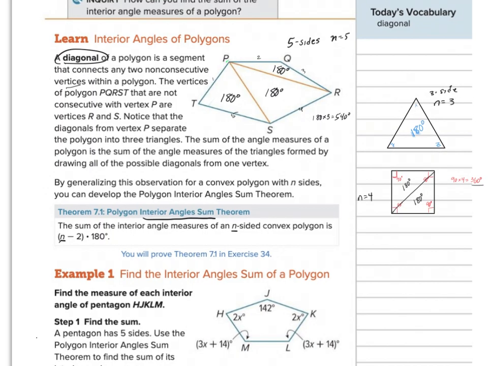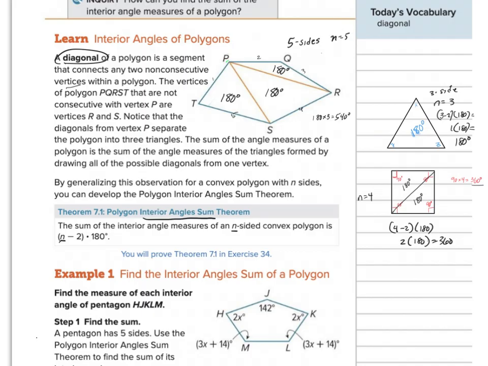For this one, we have 4 minus 2 times 180 degrees, which is 2 times 180 degrees, which we just said is 360. The triangle is 3 minus 2 times 180 degrees, which is 1 times 180 degrees, which is 180 degrees.